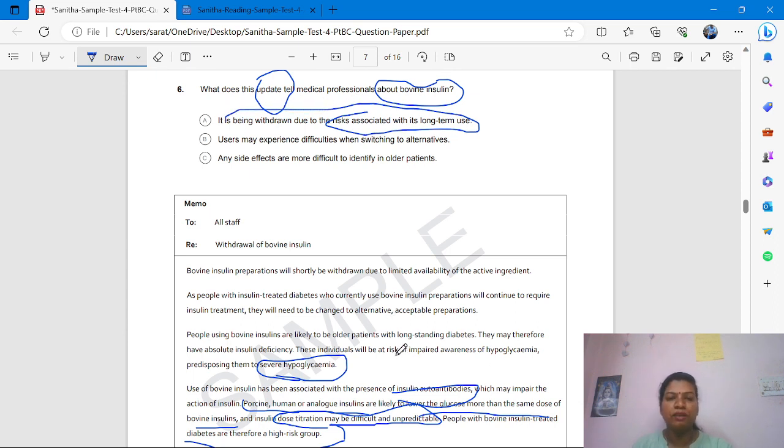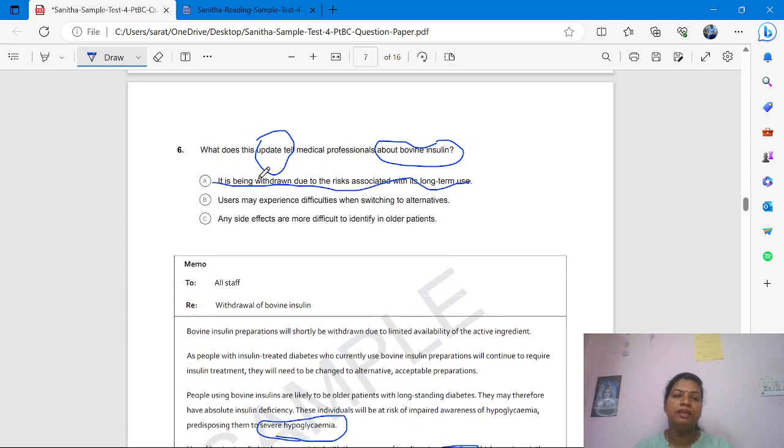Because of the limited availability, it is suggesting to use an alternative, but it is not saying it is withdrawn due to risk associated with long-term use. So we have to strike out the first option. See how the answer is coming. We have to understand every meaning.